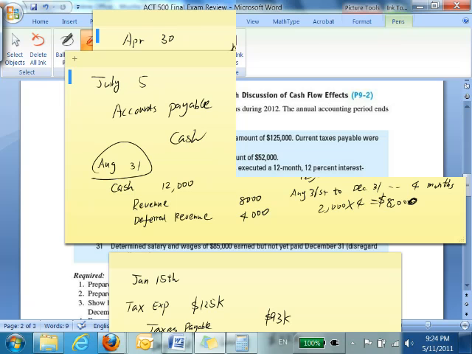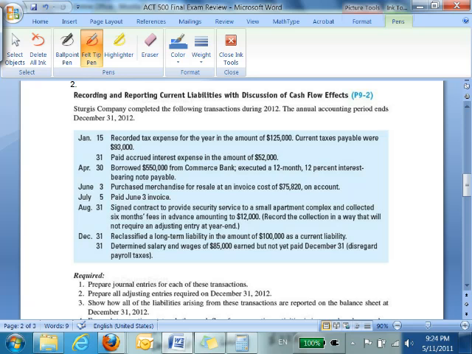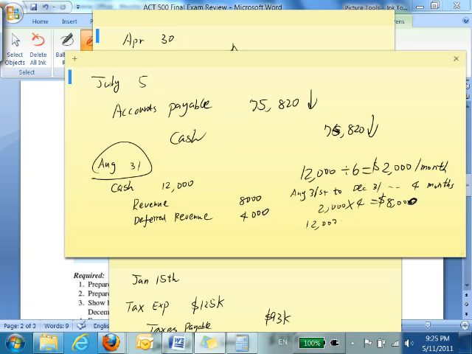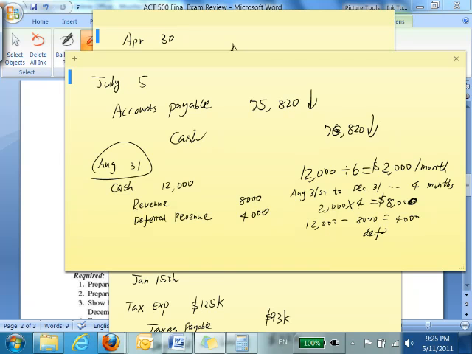And because the collection does not require adjusting entry at year end, at the year end the revenue would be 8,000, right? And the unearned revenue, the deferred revenue, would be the remainder. 12,000 minus 8,000 equals 4,000 is the deferred revenue.